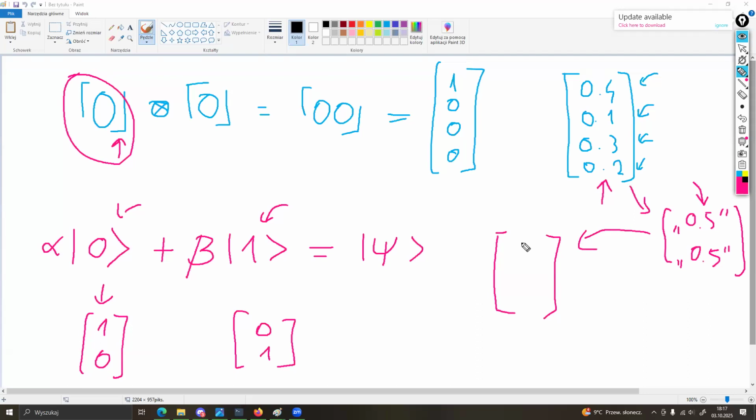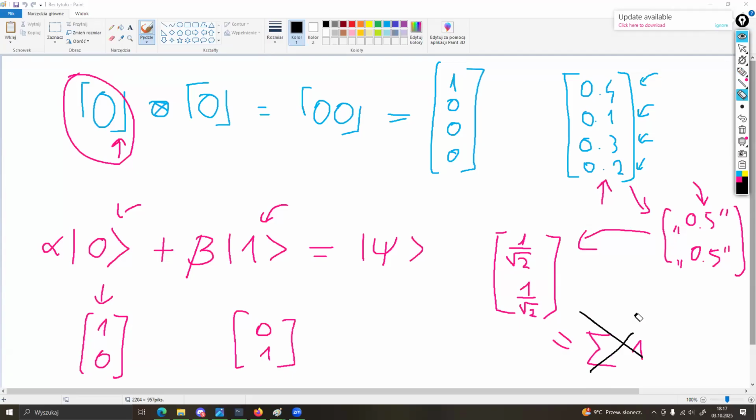So what we do is we represent it as 1 over square root of 2 instead. And these vector components do not sum up to 1. So they no longer sum up to 1.